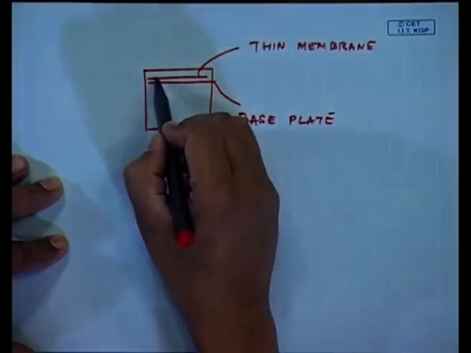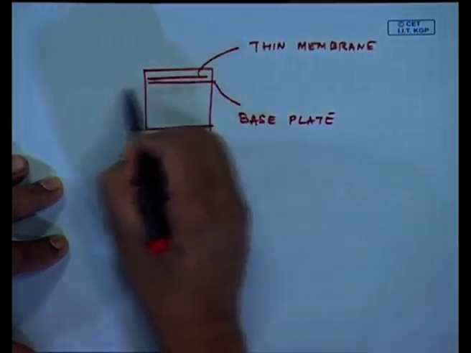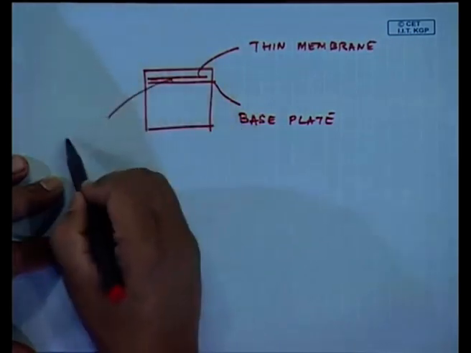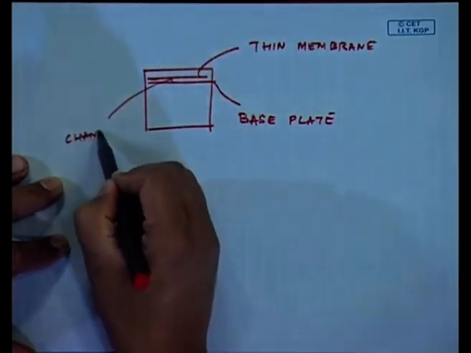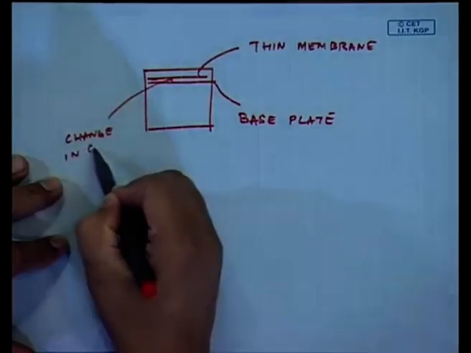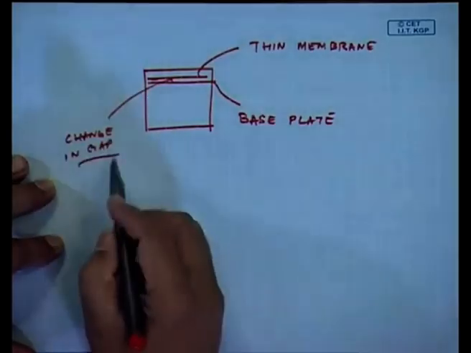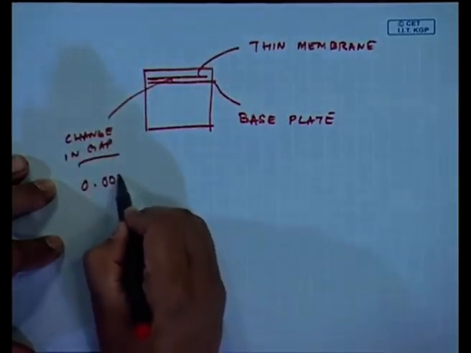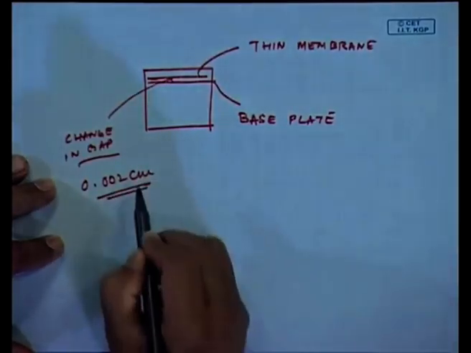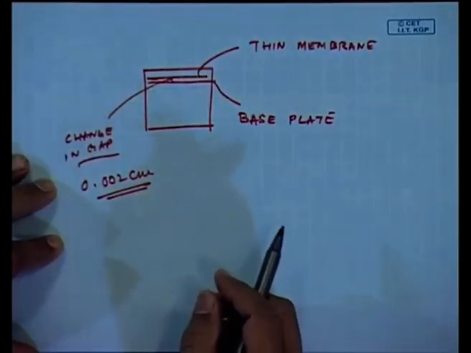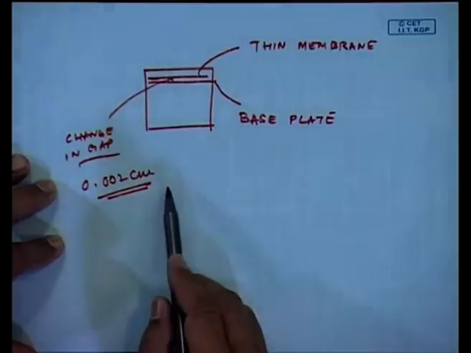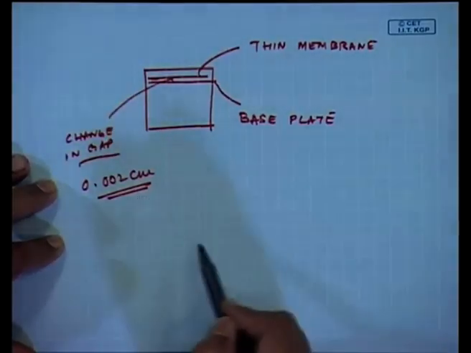So, this membrane is going to deflect and this gap is going to change. And this gap to begin with could be about 0.002 centimeter. So, you can imagine the care they take in manufacturing these piezoelectric microphones. Okay.